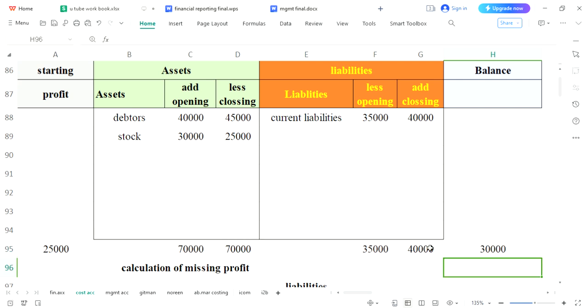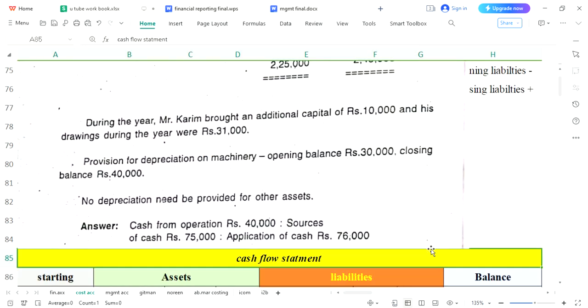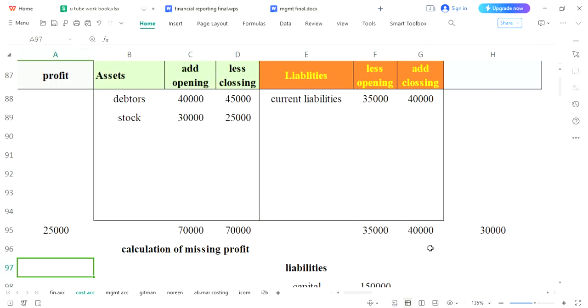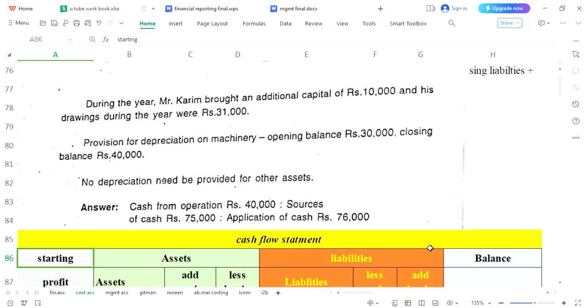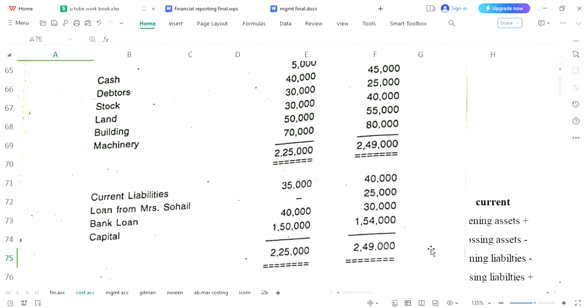So guys, in this way we have got our balance, and this balance would be considered as cash from operations.